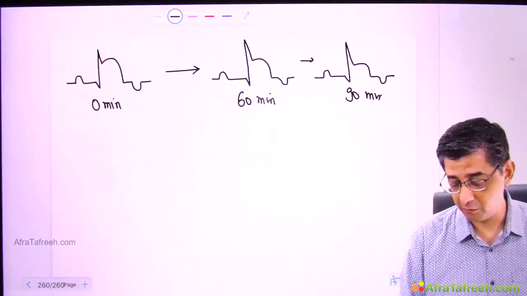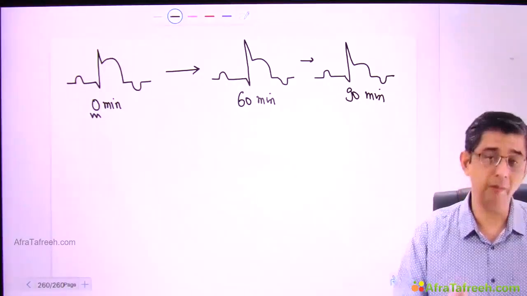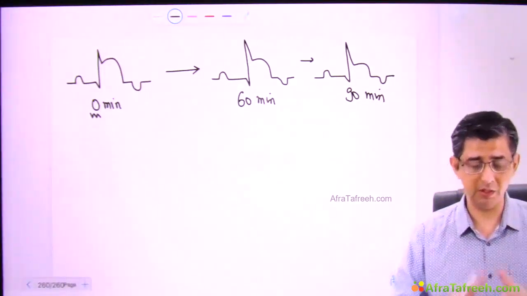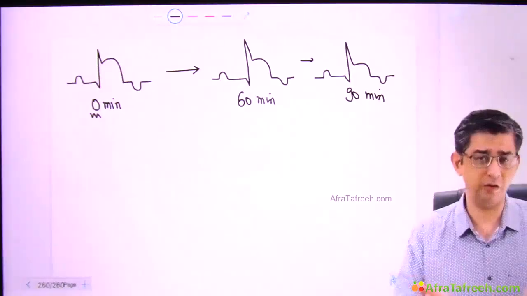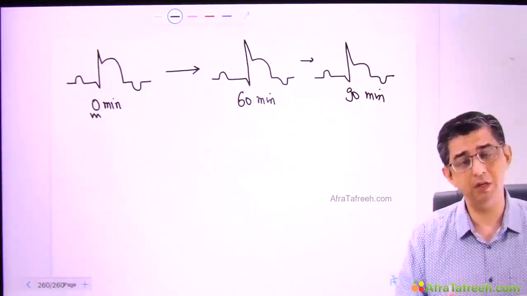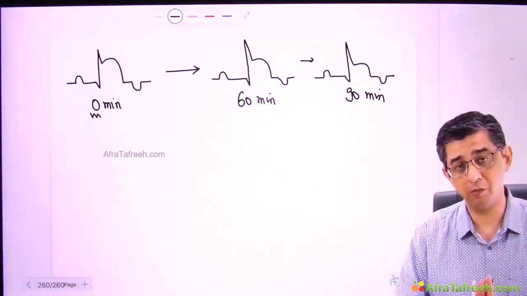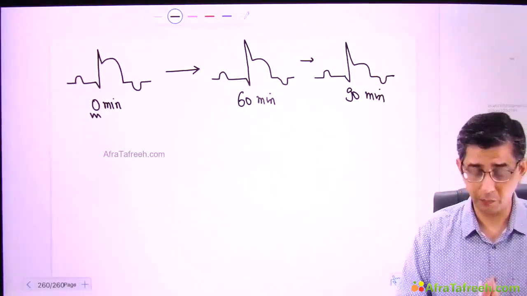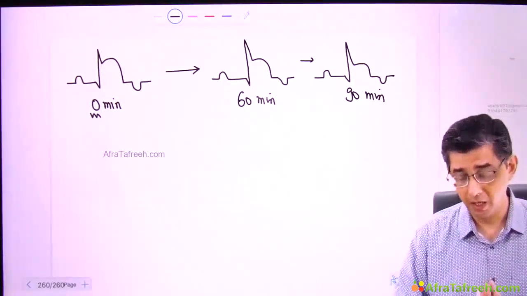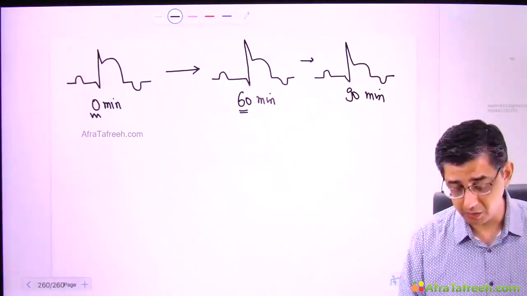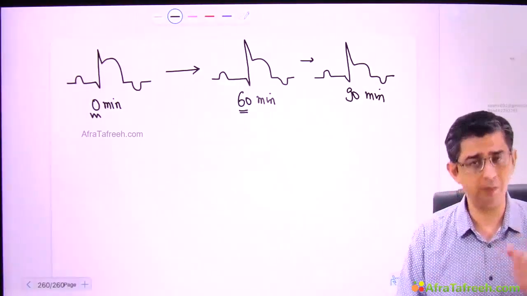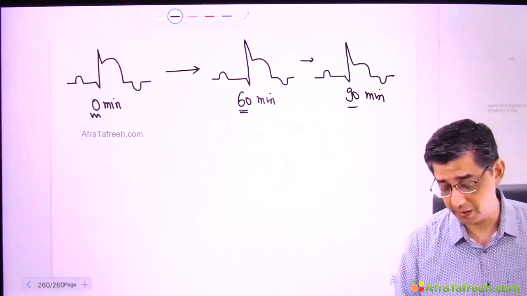This 0 minute, I would like you to be very clear, is not from entry into the hospital. This is when I started the drip. Lots of times, reteplase and tenecteplase can be given in the form of a bolus also. So especially when reteplase is given as a bolus, the moment it is over, you can do a baseline ECG, and then repeat it after 60 minutes of completion, and then again at 90 minutes.